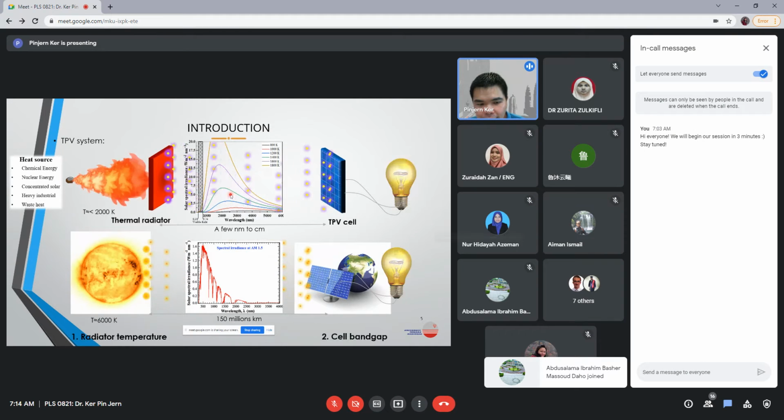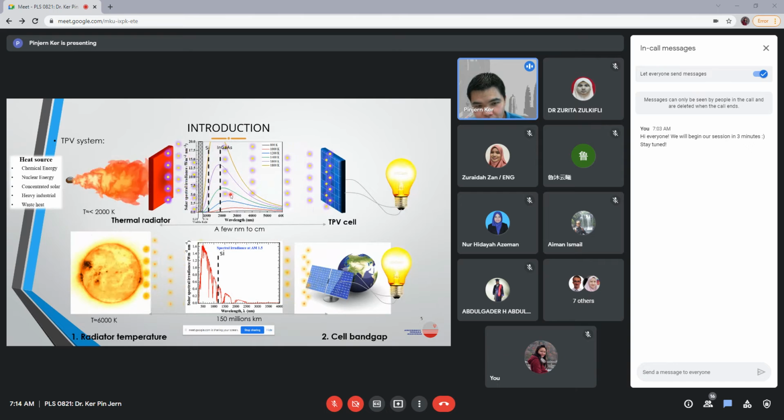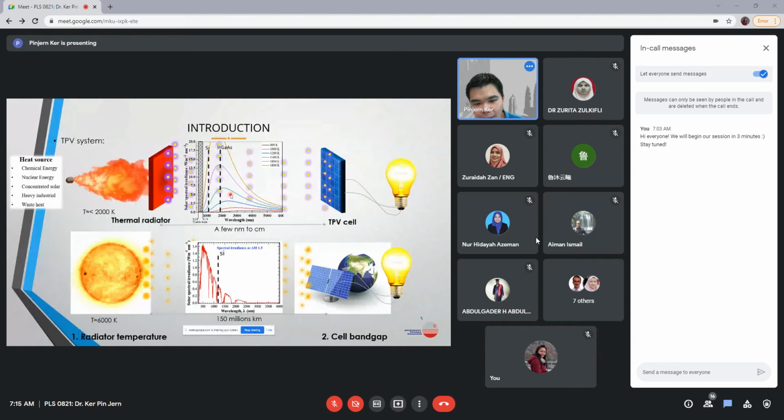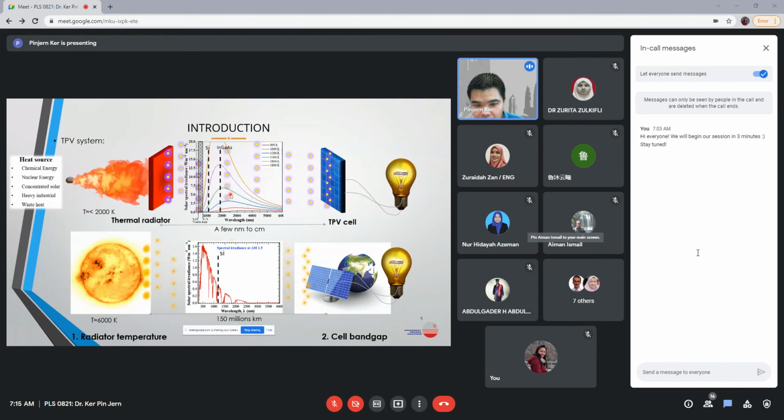So the next thing here, we talk about the band gap, because you need a semiconductor material with the correct band gap that can absorb photons more than 1000 nanometers. And most of the time, we are looking at more than 1500 or more than 2000 nanometers for us to efficiently harvest all these radiated photons.